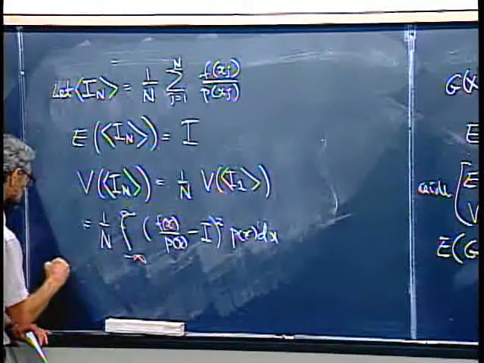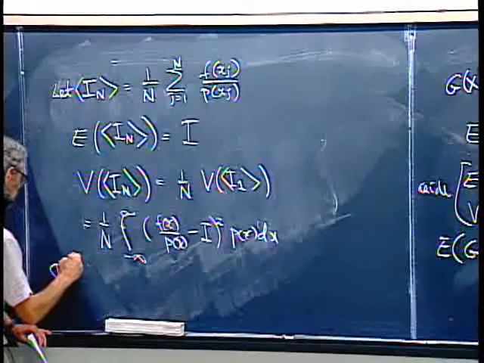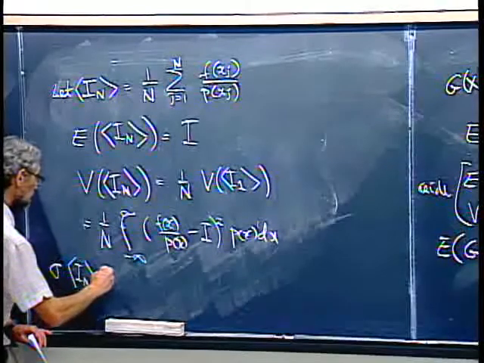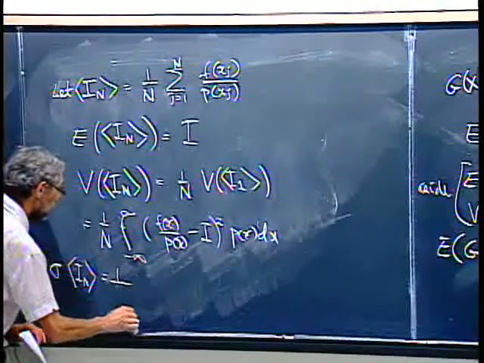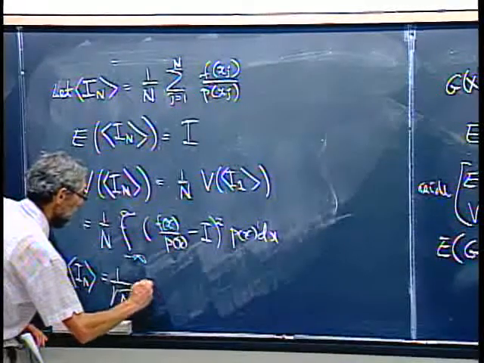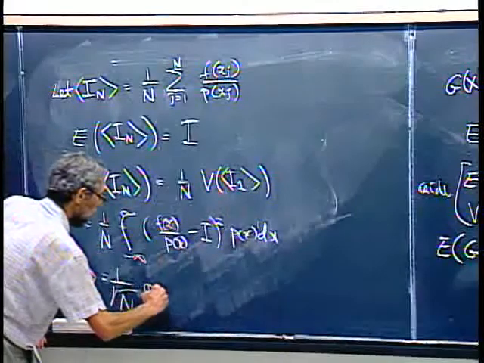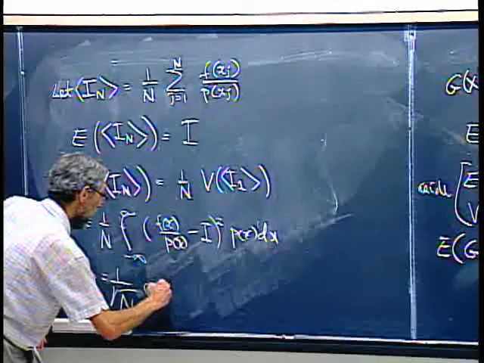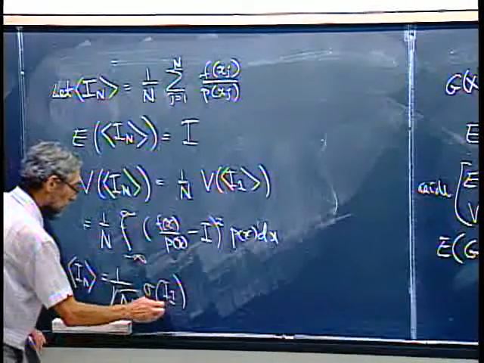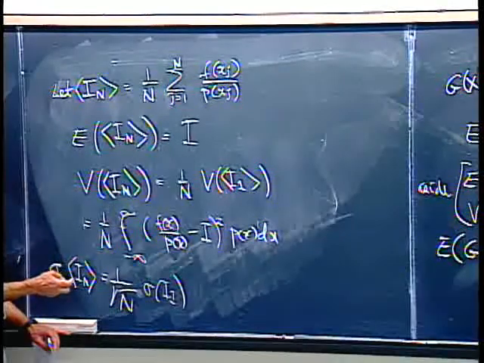The standard deviation of this estimate in equals 1 over the square root of n times the standard deviation of one estimate, which is the square root of this integral of I1. Which means you can make your error as small as you want by doing enough trials.